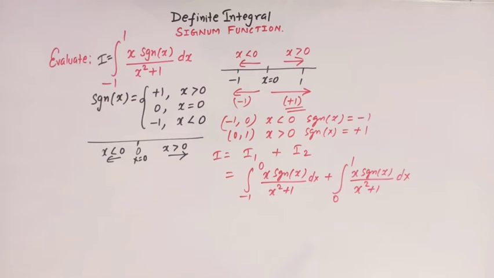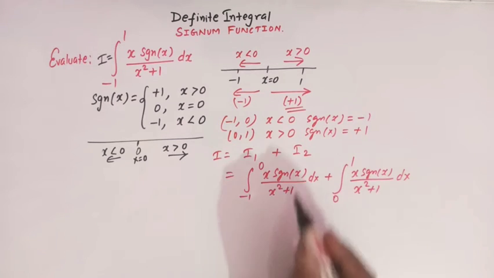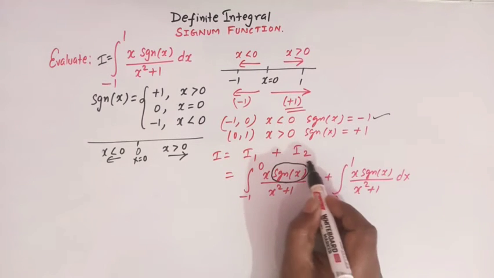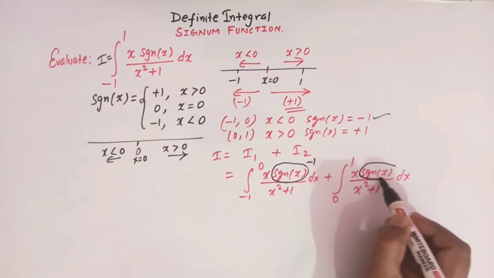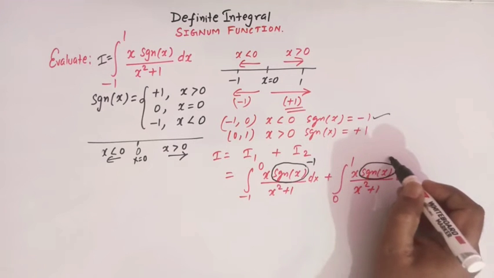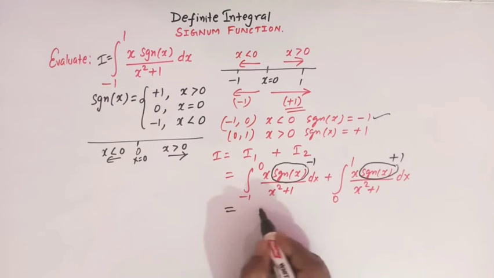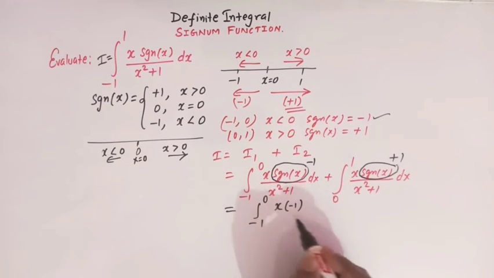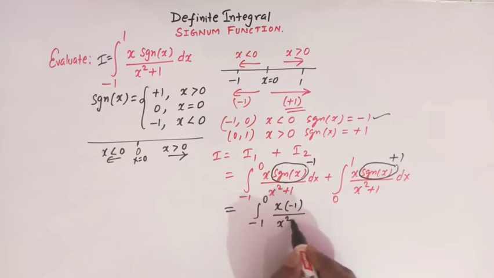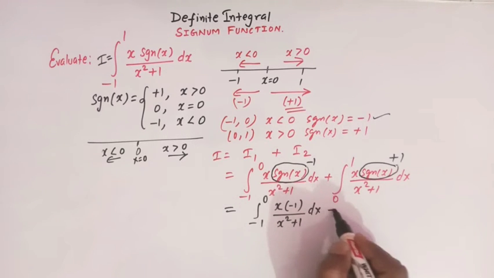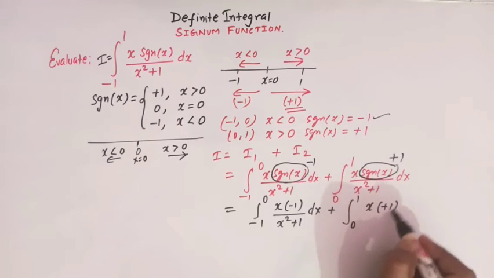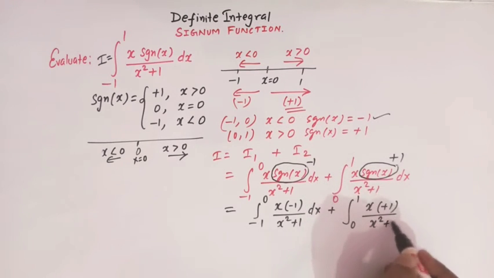Now we can replace the signum of x by minus 1 in the first, and by plus 1 in the second, right? So now we have minus 1 to 0 of x times minus 1 over x square plus 1 dx, and here we have 0 to 1 of x times plus 1 over x square plus 1 dx, right?